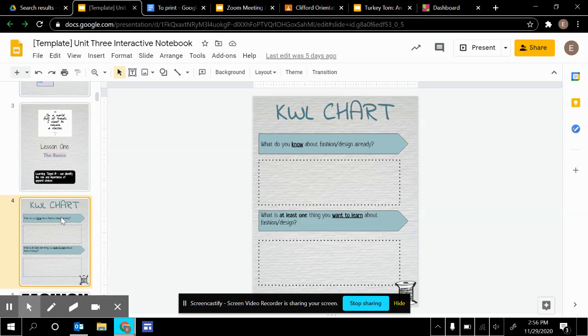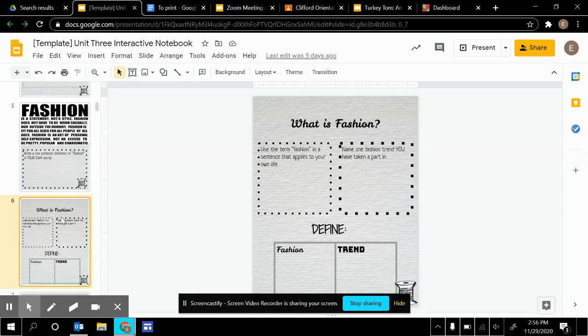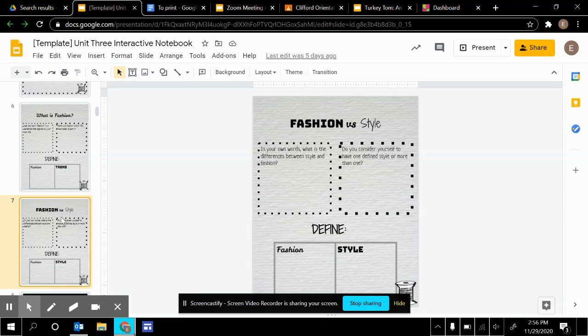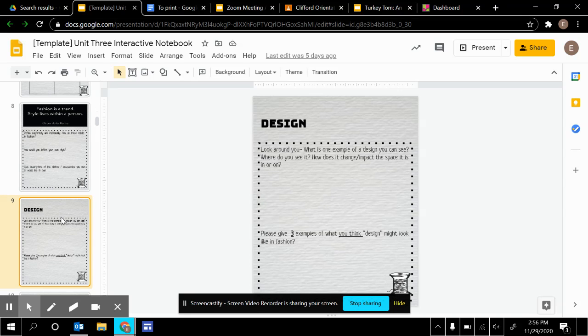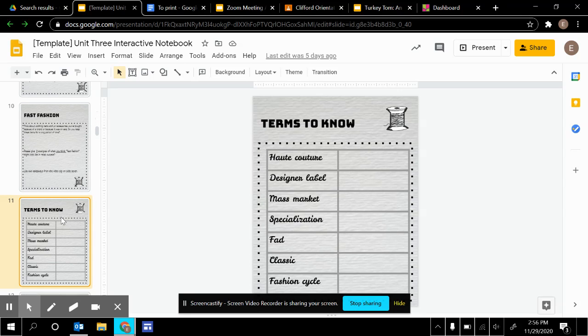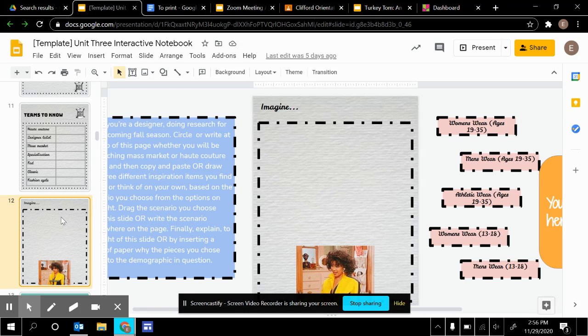In Lesson 1, you should have pages 4, 5, 6, 7, 8, 9, 10, 11 filled out. On page 12, this is one of your pick threes.